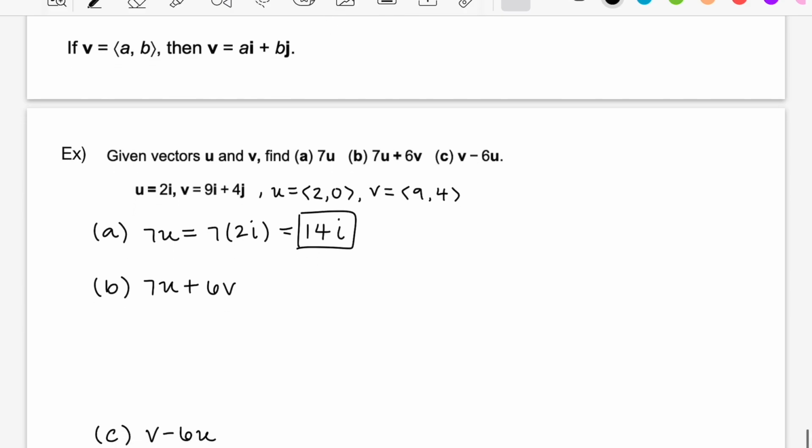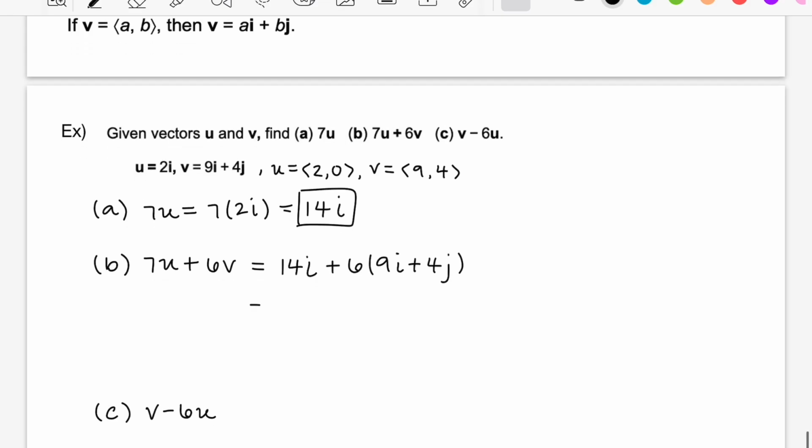Now for part B here, we have 7u, so we know that's already going to be 14i, and then plus 6v. So this will be 6 times our vector v here. So we'll have 14i here, plus, so this 6 here will be multiplied to both of these terms in our parentheses here. So this would be 54i plus 24j.